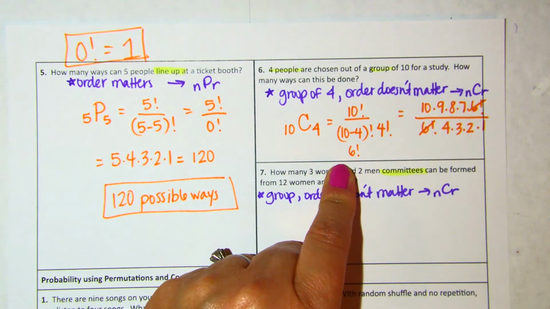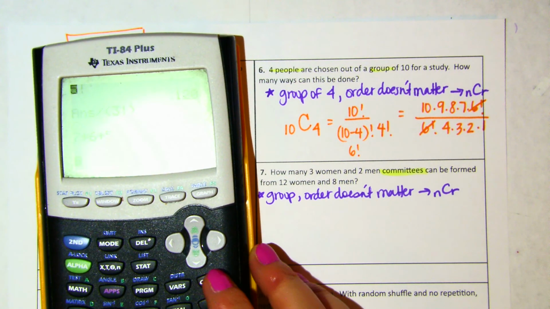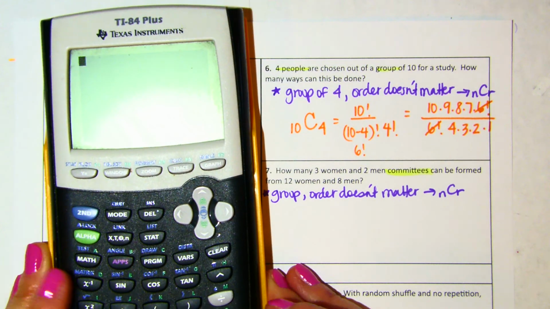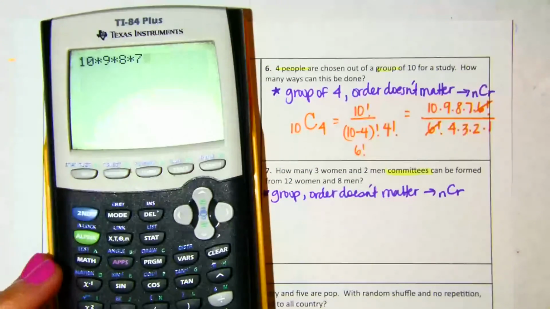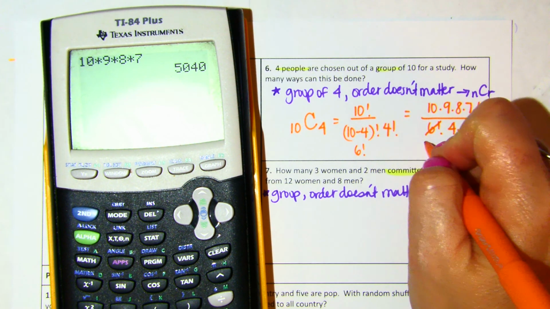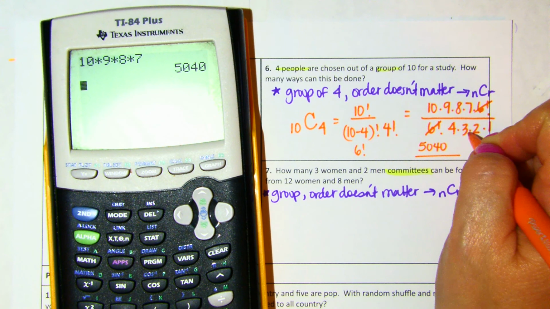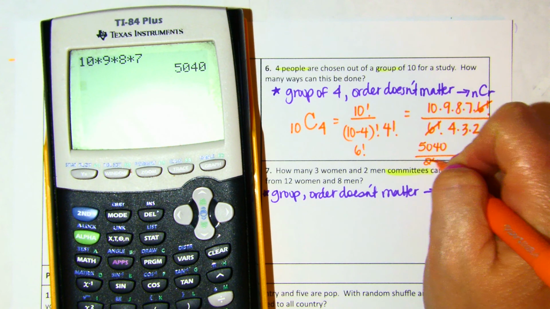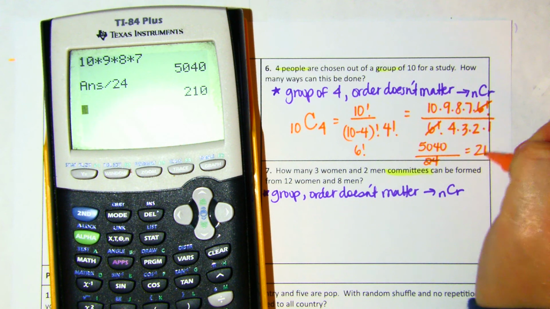Those cancel. So I just get out my calculator. 10 times 9 times 8 times 7 is 5040. And then 4 times 3 is 12, times 2 is 24. So 5040 divided by 24 is 210.